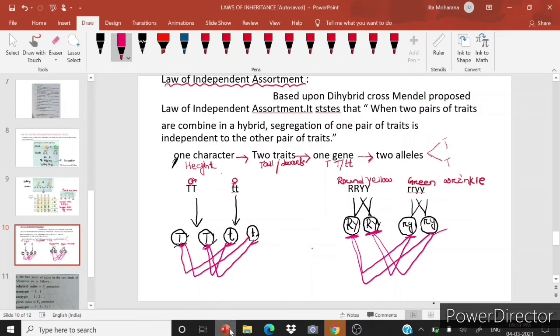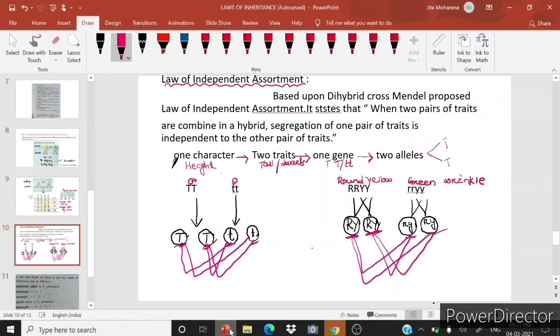Now I think you are all clear about the law of independent assortment. When two pairs of traits are combined in a hybrid, after segregation the gametes are free, or independent, to combine with the other pair of traits.